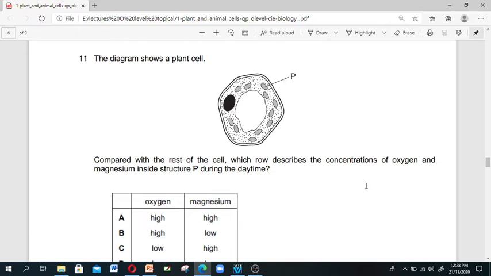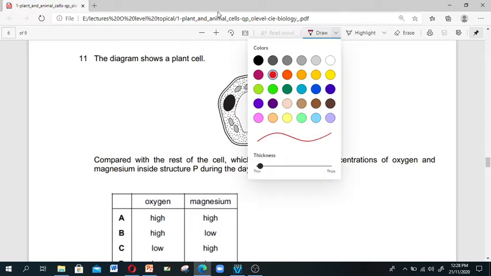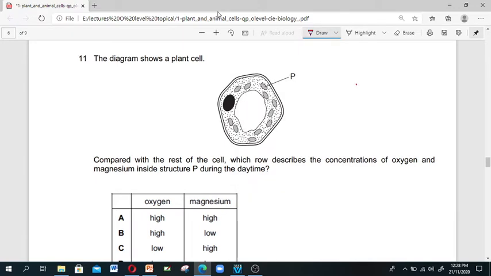Compared with the rest of the cells, when we are discussing the plant cell, this is the structure of a plant cell, and we need to describe the concentration of oxygen and magnesium inside structure P during the daytime. Observing this plant cell, it has a cell wall.